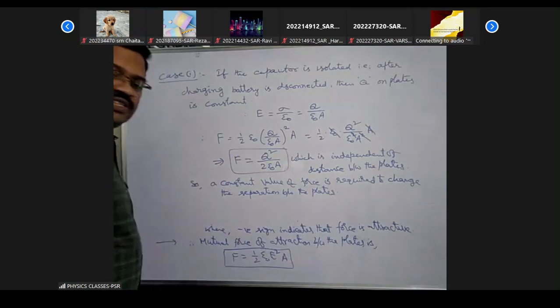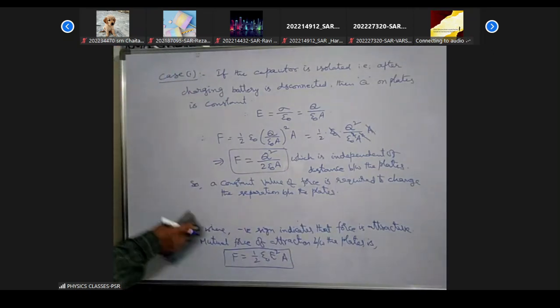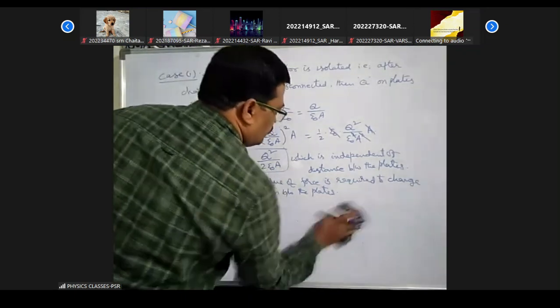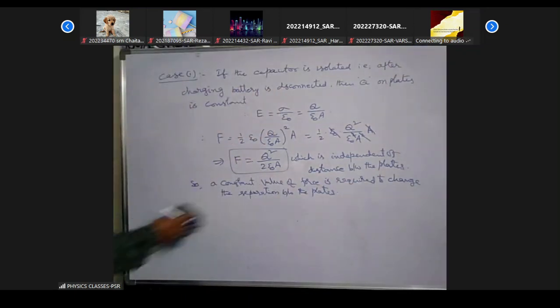Increases or decreases, whatever it may be. That is case 1. If the battery is disconnected, charge on the plates Q should be the same. Whatever it may be, whether the distance between the plates decreases or increases, constant force is required. There is no variation in the force.